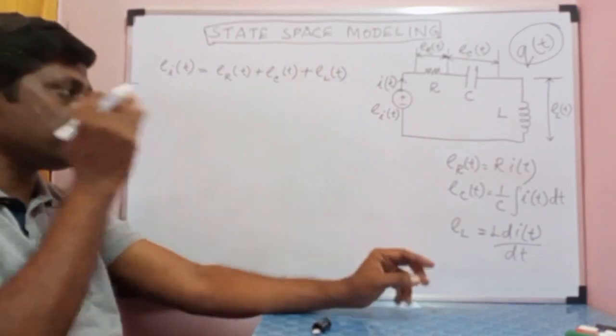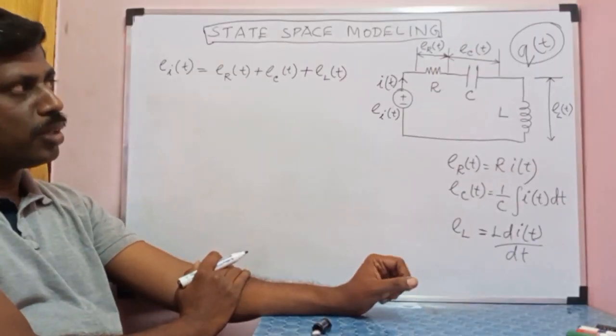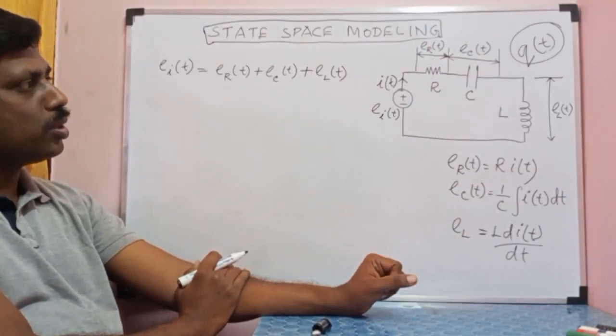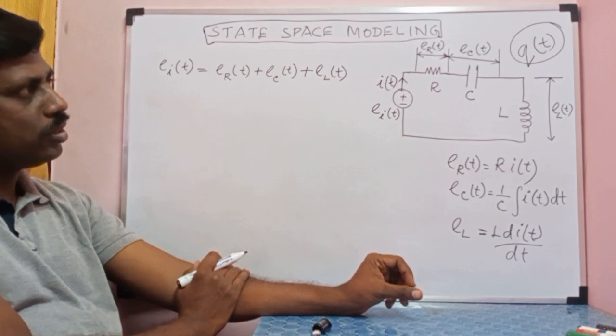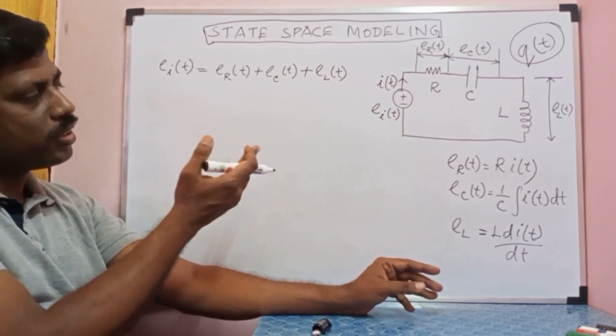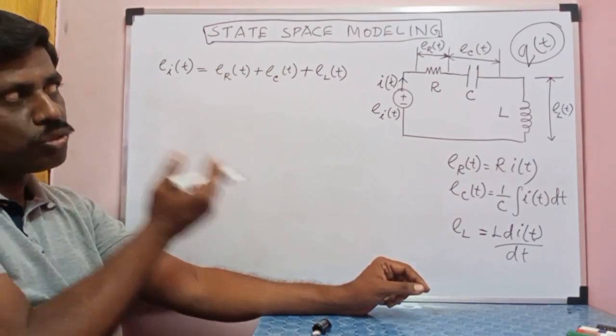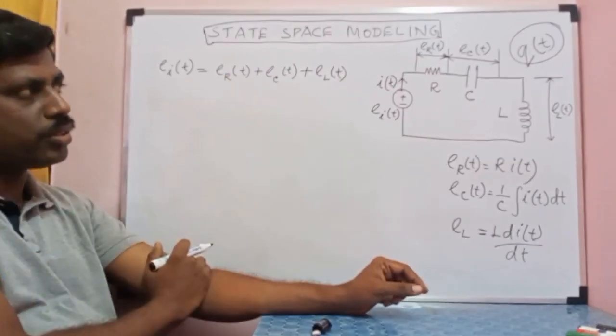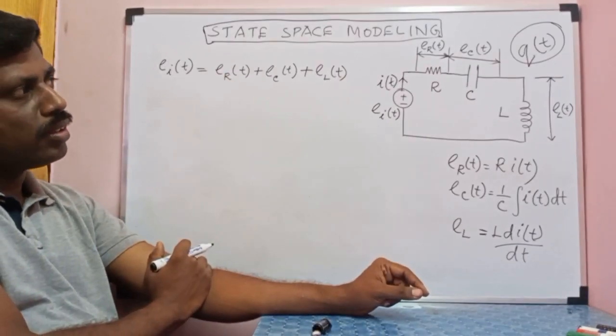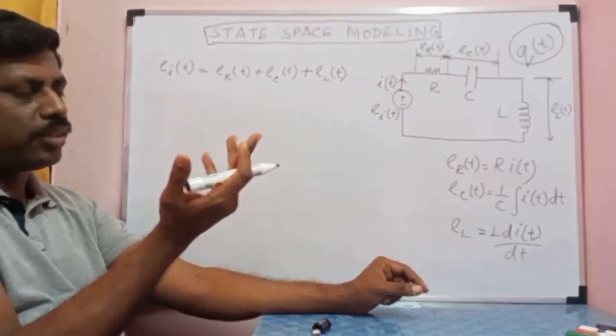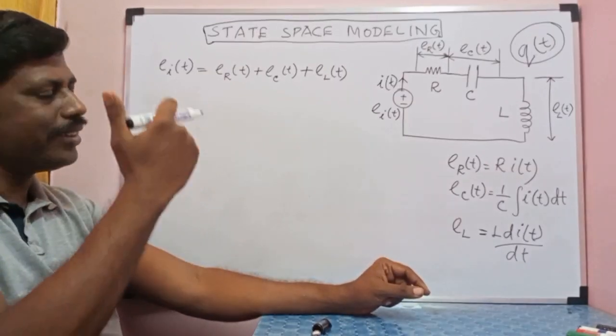So that is also a time dependent variable. Now the question is, what are the state variables that I can choose from this set of variables, and what is the output I can take? We'll deal with it one by one.